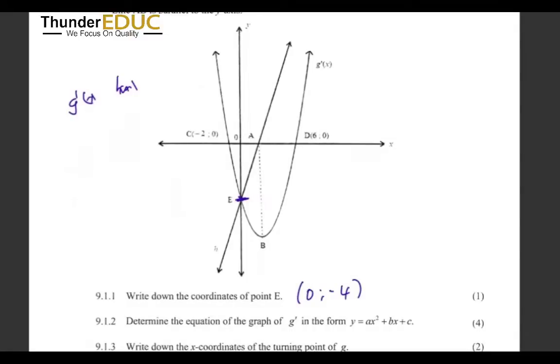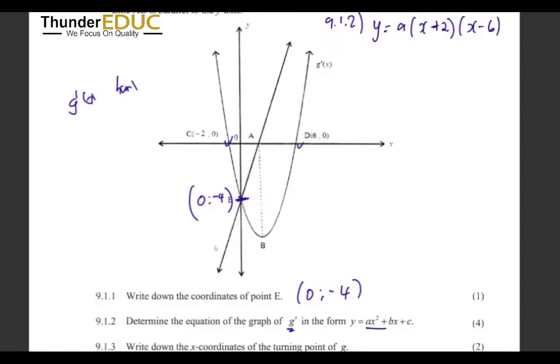Then 9.1.2, they want us to get the equation of g prime in this format. So if this is a 0 and negative 4, we have this point and then we have that point. So we can use the intercept format and say a into x plus 2 into x minus 6.